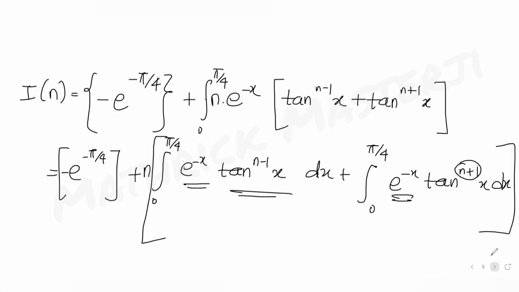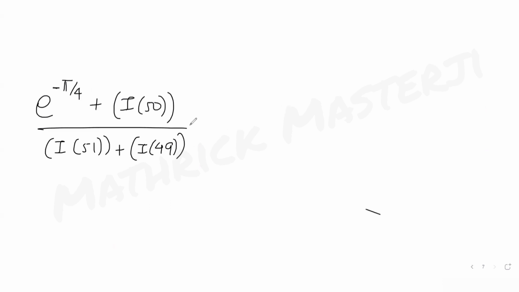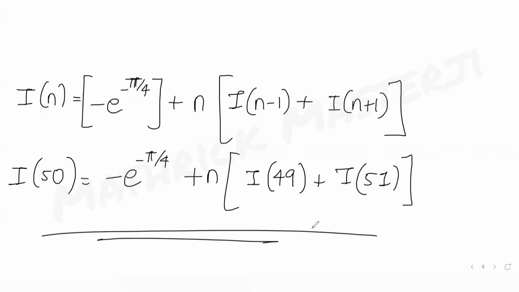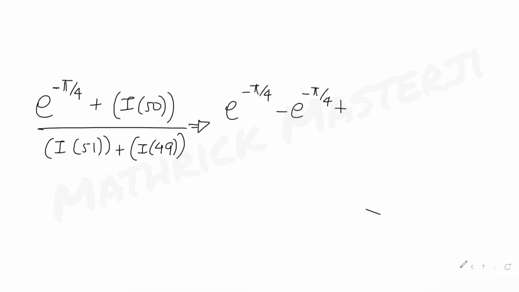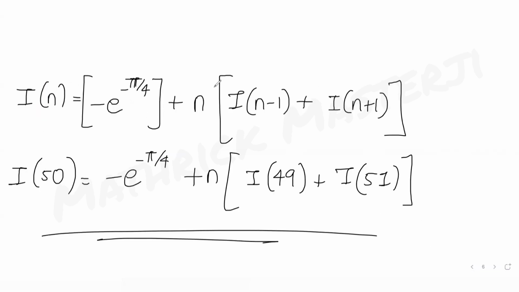And if I have that entire expression, instead of I of 50, if I put what I have got, I have got e raised to minus pi by 4 minus e raised to minus pi by 4 plus n times n. In this case, actually, I should have substituted that. N in this case is 50.